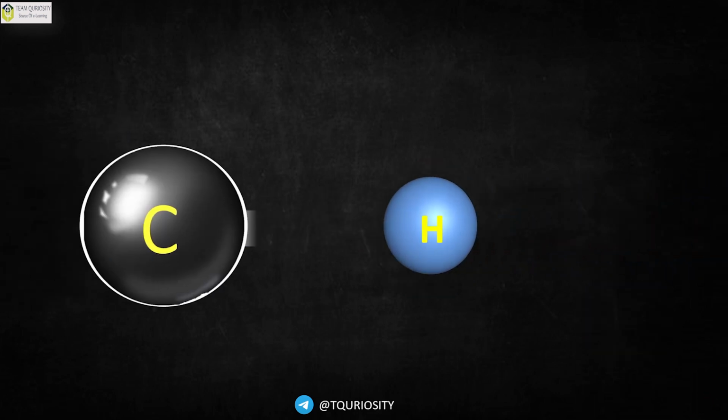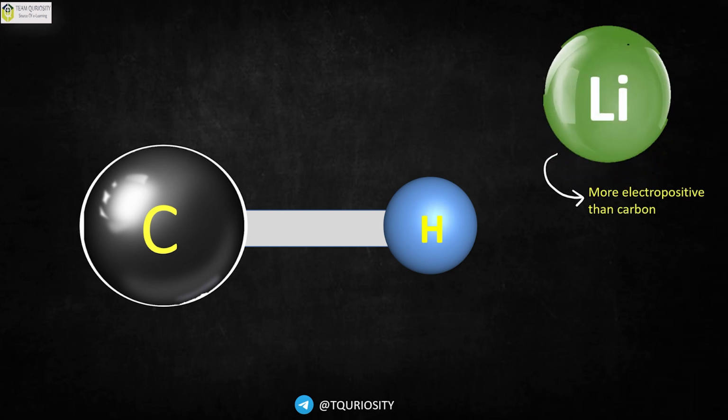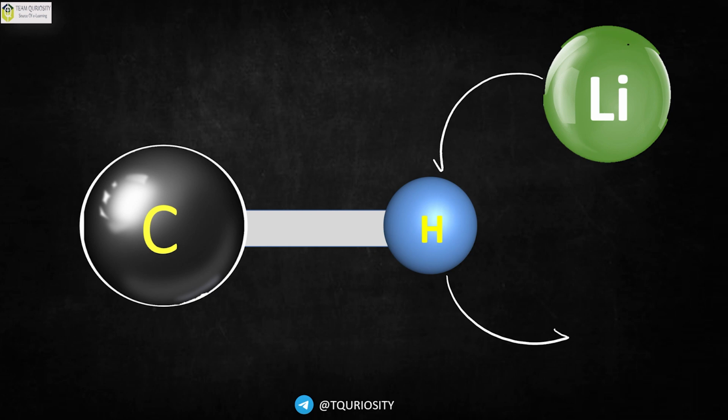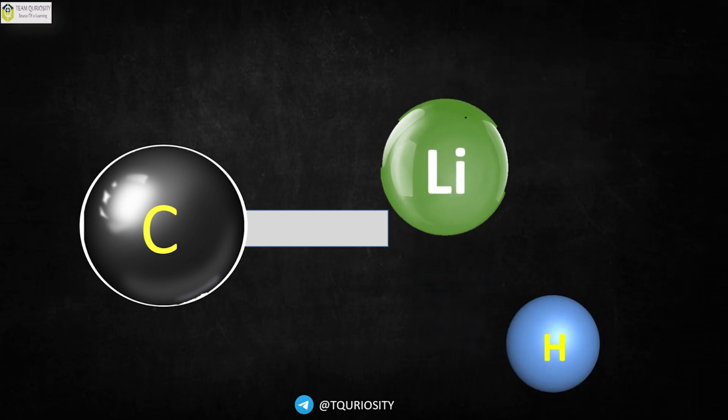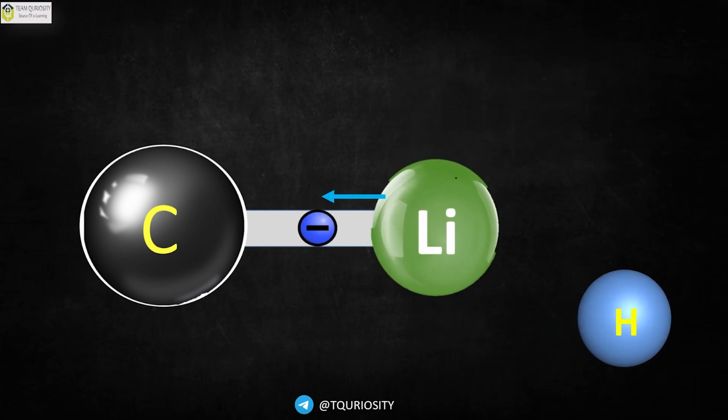Similarly, when hydrogen is replaced by an atom such as lithium, which is more electropositive than carbon, the lithium will carry a positive charge. Now carbon, being more electronegative, attracts the shared paired electrons towards itself and will carry a negative charge. This induces a small negative charge on the adjacent carbon atom.